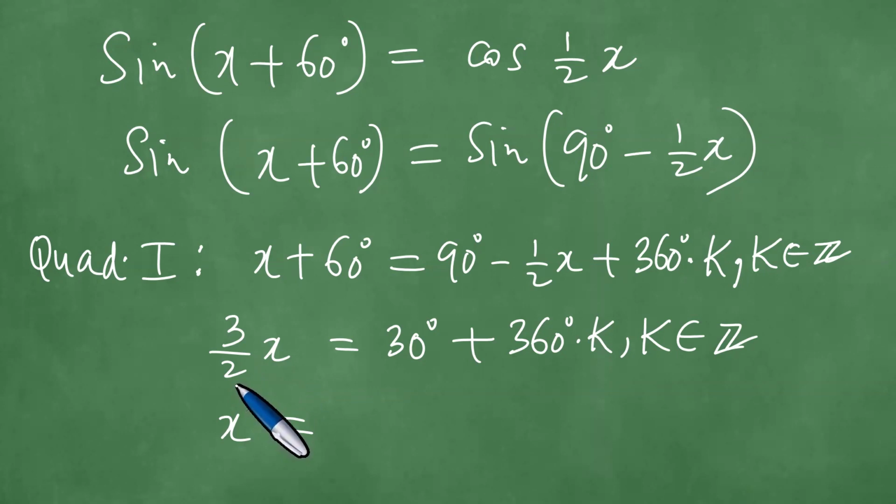Right, so we divide by 3 over 2, or we multiply by 2/3.